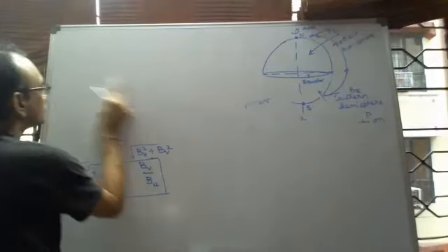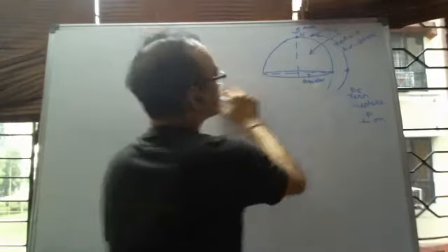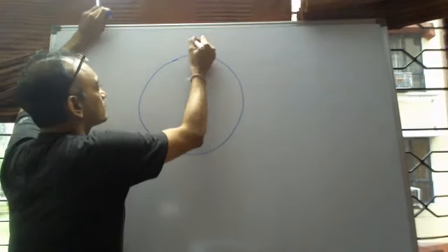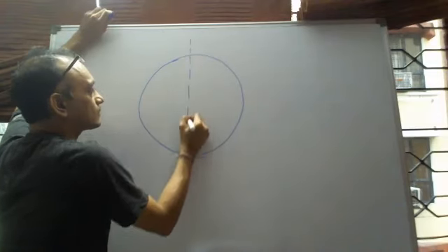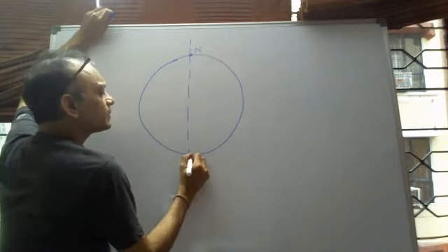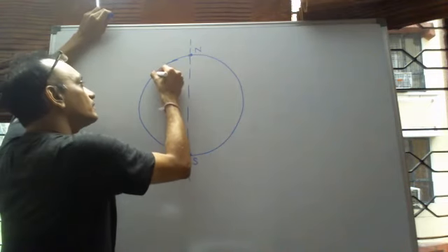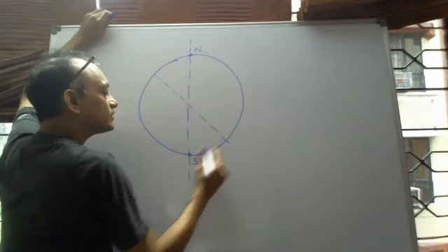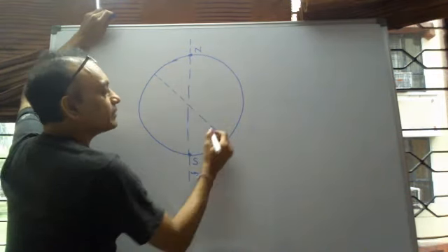And now, this is the Earth. ये इसका जियोग्राफिकल नॉर्थ पोल है, ये जियोग्राफिकल साउथ पोल है. ये जियोग्राफिकल एक्सिस है और ये मैग्नेटिक एक्सिस.